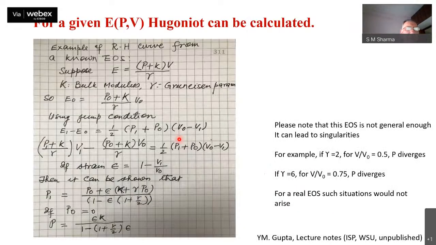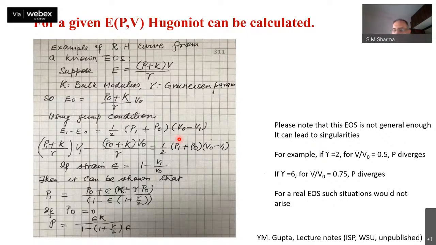Now, given an equation of state of a material, the Hugoniot can be calculated. The converse may not be so. That is, if you know the Hugoniot, that is, the PV states as a consequence of a large number of shock states, it's not unique. There is no unique methodology available which can determine E and P as a function of volume.